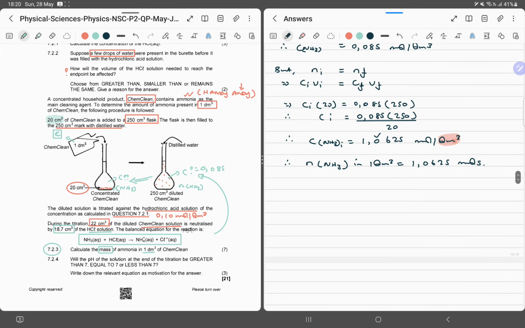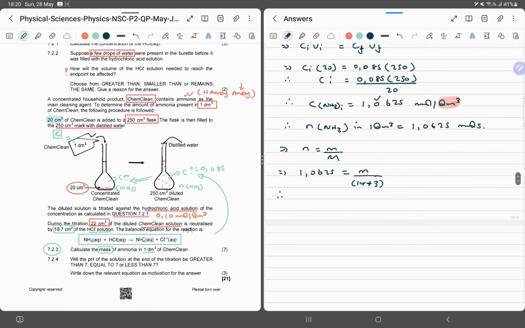Now we can work out the mass. We can say this implies that number of moles equals mass over molar mass, which implies that the number of moles is 1.0625 equals the mass that we want over the molar mass. The molar mass of ammonia is going to be 14 plus 3, which is essentially 17.